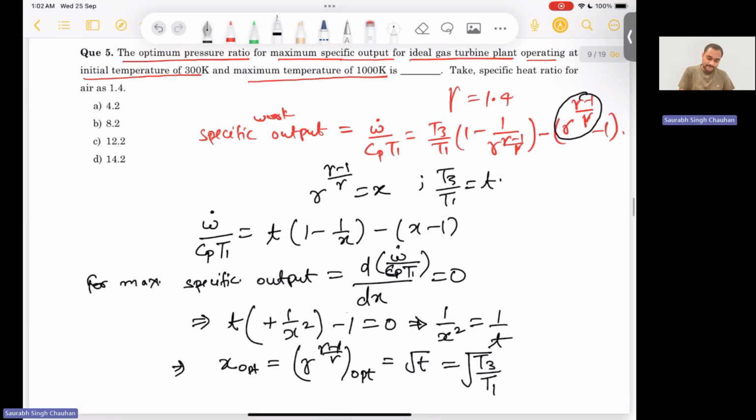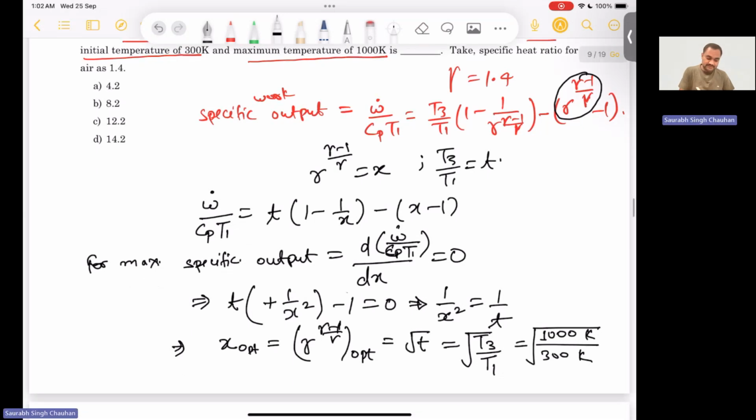So in this question the maximum temperature is given to be 1000 Kelvin, so that is T3, and inlet temperature or the minimum temperature is 300 Kelvin.